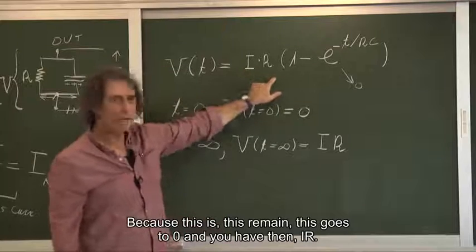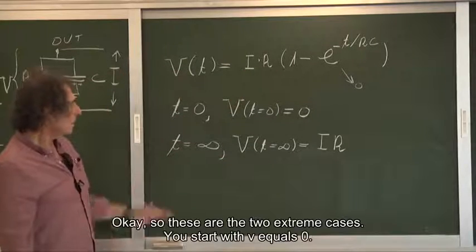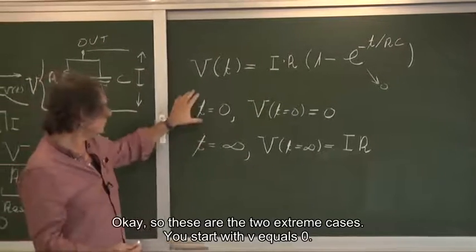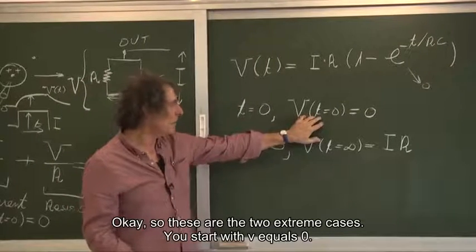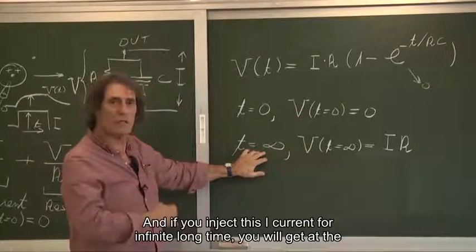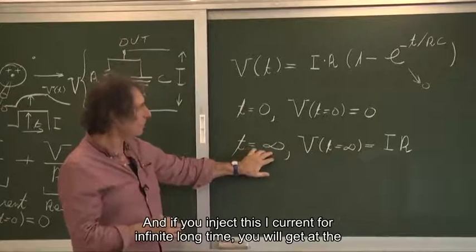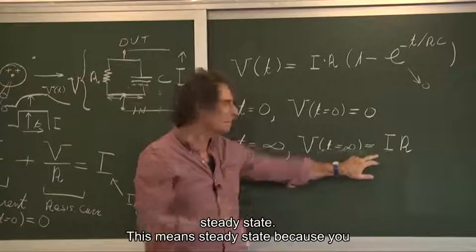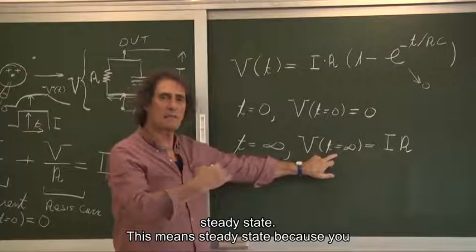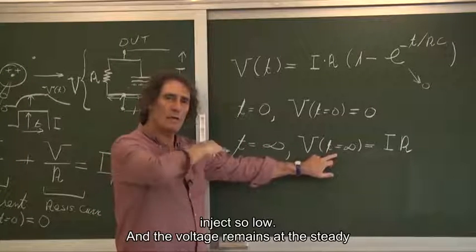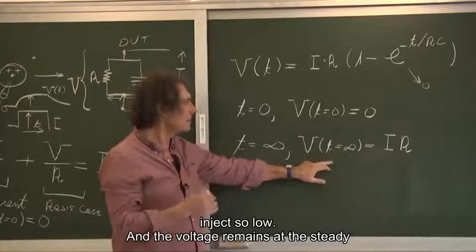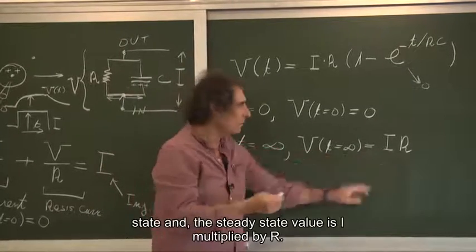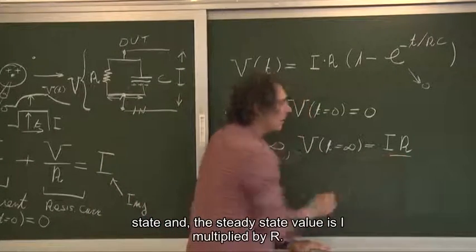So these are the two extreme cases. You start with V equals 0, and if you inject this current I for an infinitely long time, you will get the steady state. This means steady state because you inject so long and the voltage remains at its steady state value, which is I multiplied by R.